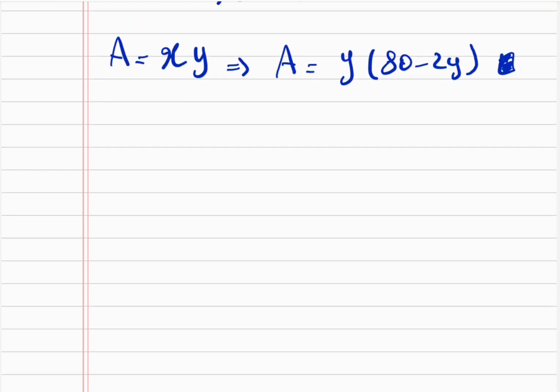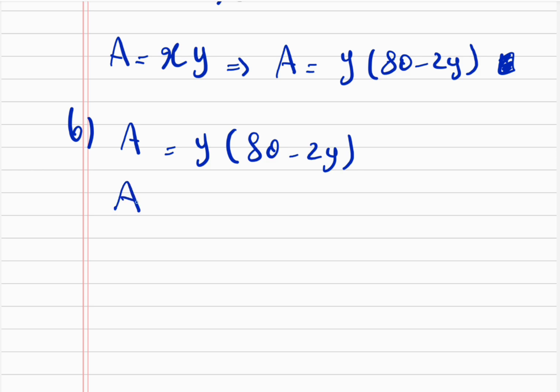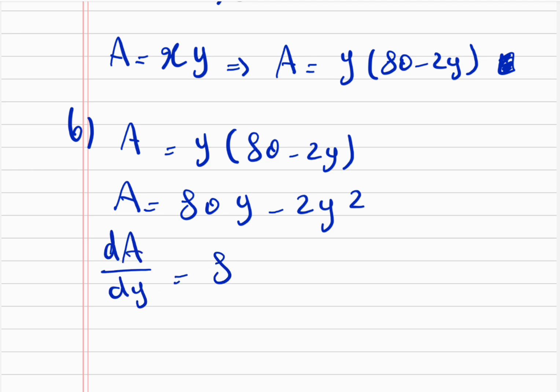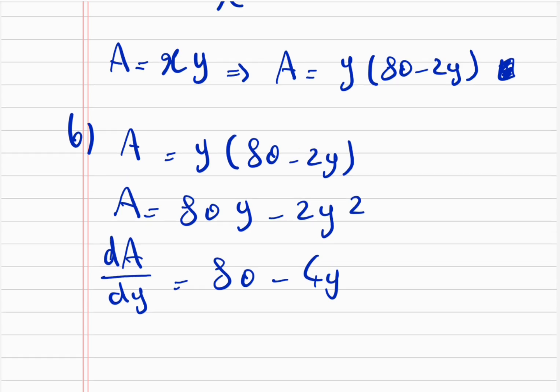So in this case, remember that the formula of the area is A equals y bracket 80 minus 2y, and we can rewrite this as 80y minus 2y squared. Now let's find the derivative. The derivative is equal to 80 minus 4y, and remember that the area is maximized.